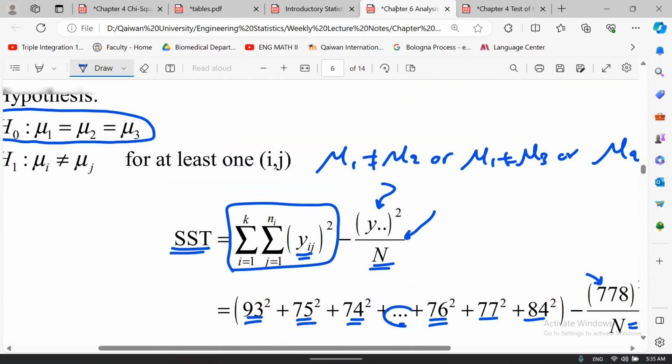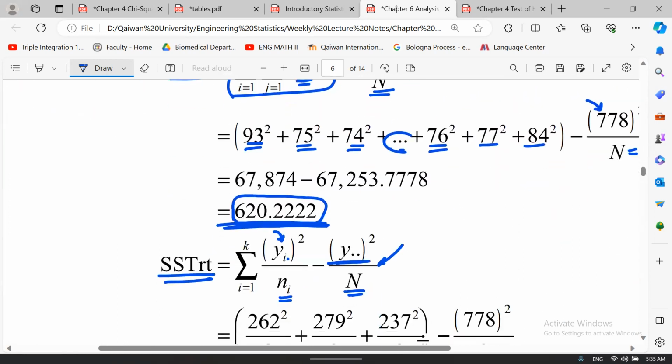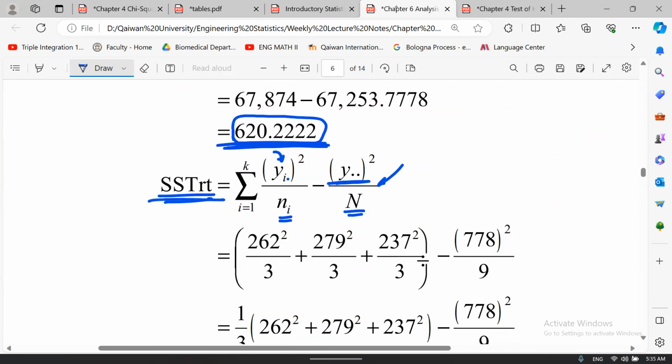In the first one, you have the double sum of yij. It's the sum of all elements squared. But here, for SSTRT, it's due to levels. Due to levels means we find the sum of each level squared dividing by the number of elements in that level, which is yi dot squared over ni.